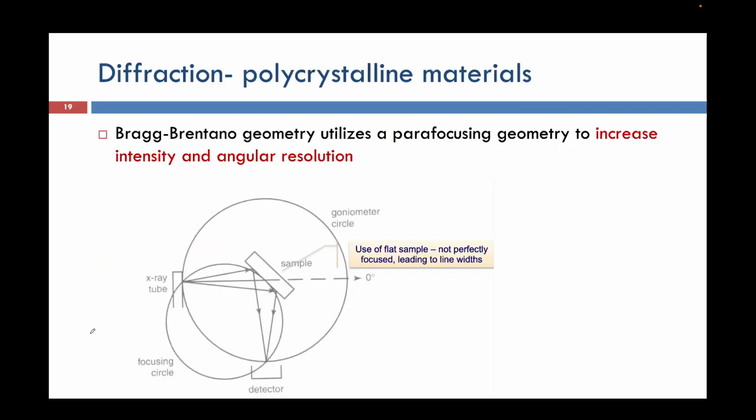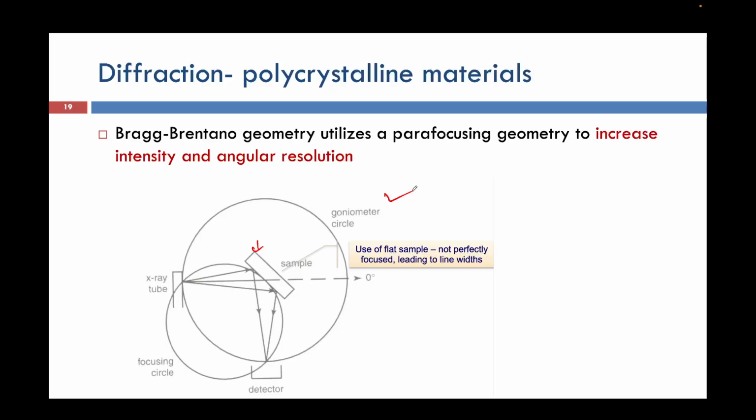Okay, and then if we want to go to the diffraction in the polycrystalline material, we will see that the sample is here, and the X-ray tube where the X-rays are coming from, and the detector is placed here. This circle is called the goniometer circle.